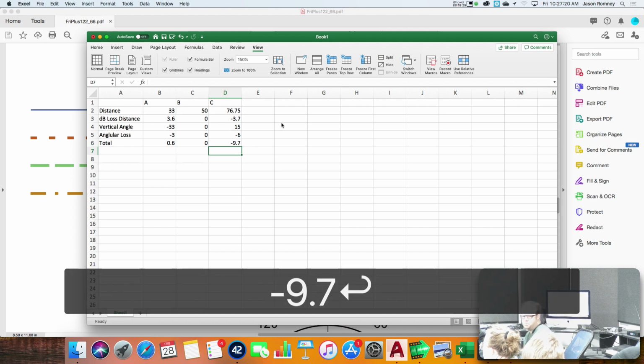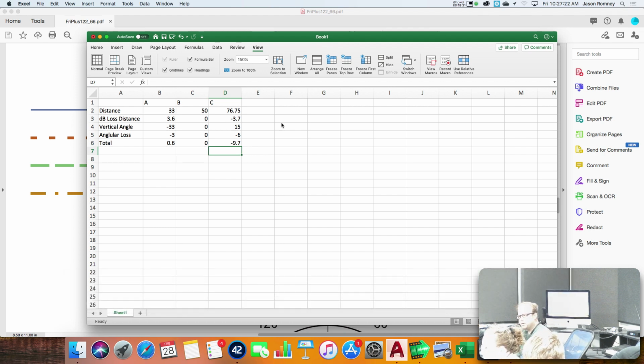Okay? All right. So here's the other thing that's going on here. The reason that we are getting hit so hard at the back row is that we're taking a loss twice. We're taking a loss because it's farther away distance-wise, and we're also taking a loss because it's off axis.